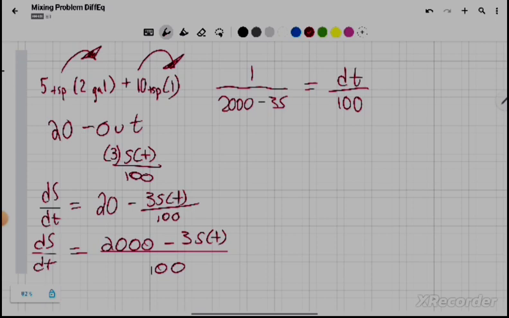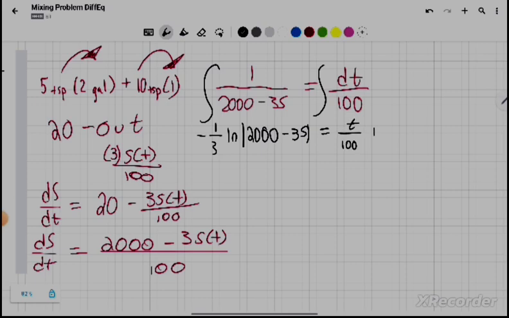Now let's go ahead and integrate both sides. We're going to see that negative 1/3 times the natural log of the absolute value. Do not forget the absolute value bars. We'll explain more in a second. It's equal to t over 100 plus C. Okay, and I'm just going to go ahead and simplify the rest of this problem.